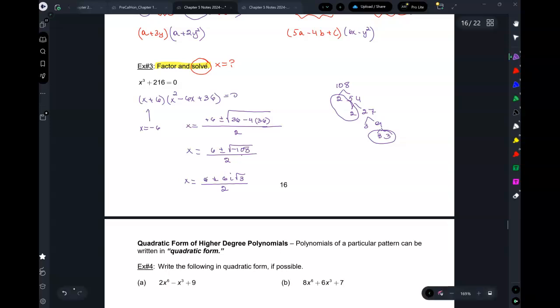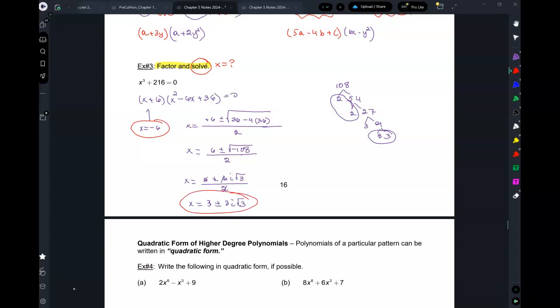So now all these can be divided, right? So x is 1 plus or minus 3i root 3. Okay, so now look at the answers. I have this and I have this.